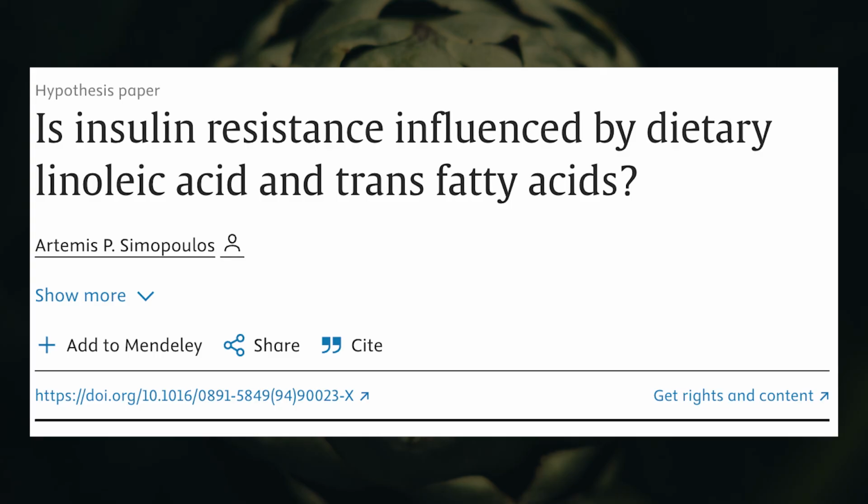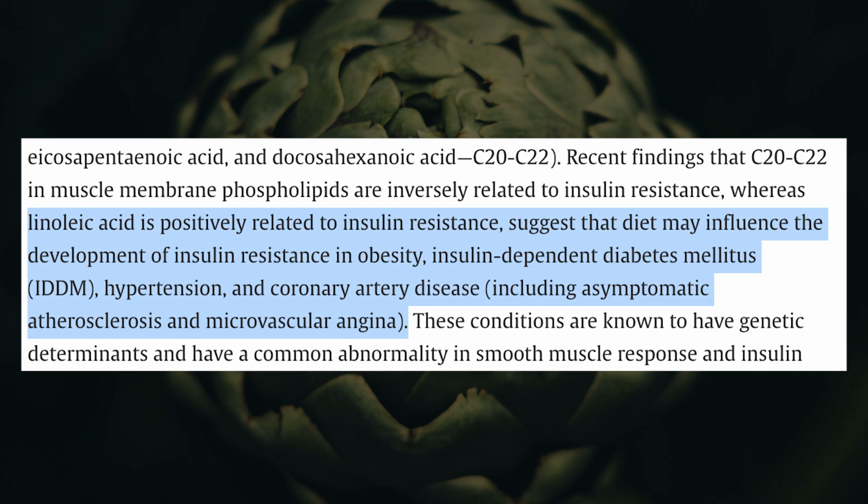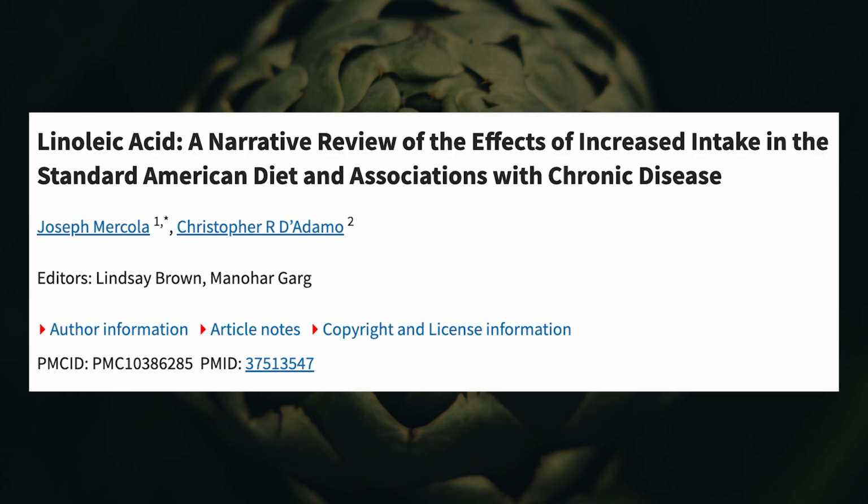This same effect is occurring in humans. And there is a lot of published evidence that high amounts of dietary linoleic acid, we'll just call it LA for short, high amounts of linoleic acid in your diet will induce insulin resistance, cardiovascular and chronic disease problems.